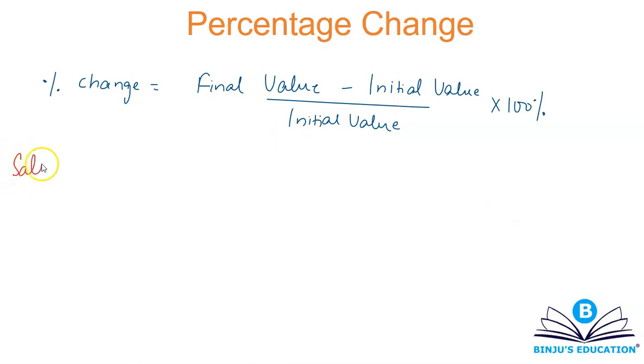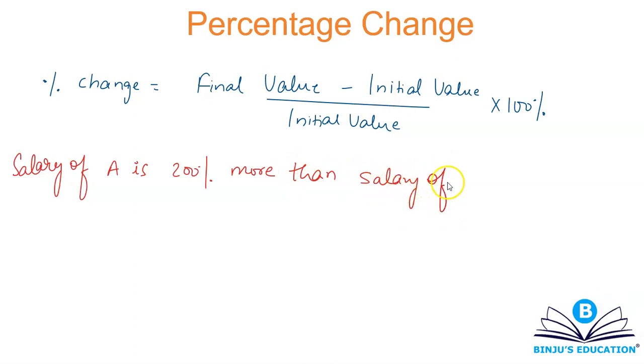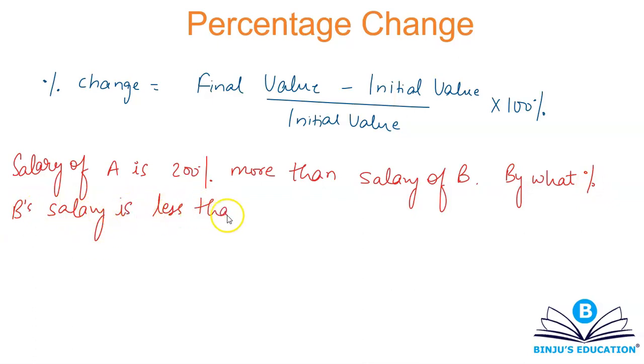Salary of A is 200% more than salary of B. By what percent is B's salary less than A's salary?